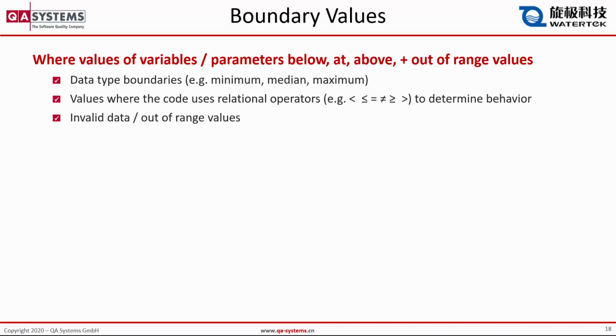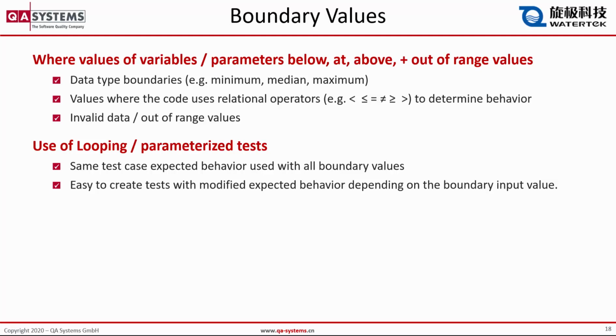In addition to values just above, just below, at the maximum and the minimum, etc., you may also use special values, particular characters. For strings, you might use zeros quite frequently, or null values. In addition, invalid data or out-of-range values can be used for boundary value testing.